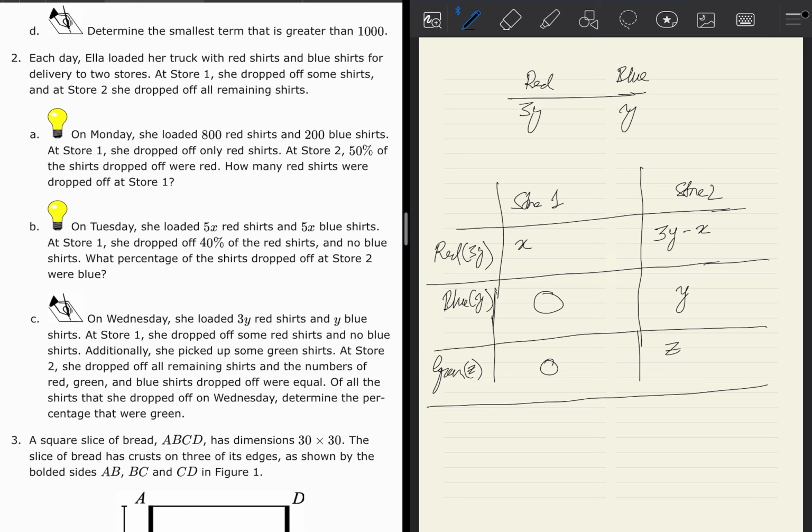Now what is given here is that at store 2 she dropped off all the remaining shirts, and the number of red, green and blue shirts dropped off are equal. That means, I'll write it at the top, 3Y minus X is equal to Y is equal to Z. That's what it's trying to say here.